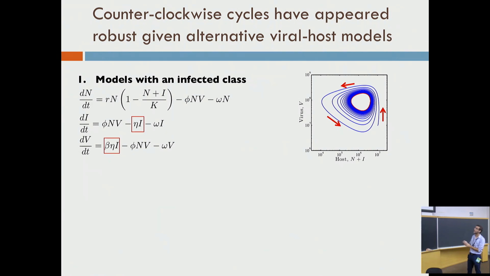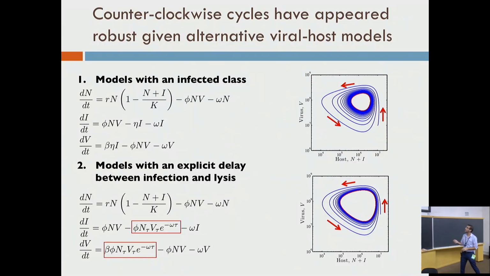And then there is some time, characteristically 1 over eta, over which those infected cells will lyse, leading to the generation of beta new viruses. Right, so now I've explicitly put in, in essence, an exponential distribution of decay times of latent periods. And again, here the viruses go in, so they're losing virus particles and regenerating virus particles because there's an infected class that then at some point later, exponentially distributed, will produce a burst of beta viruses.